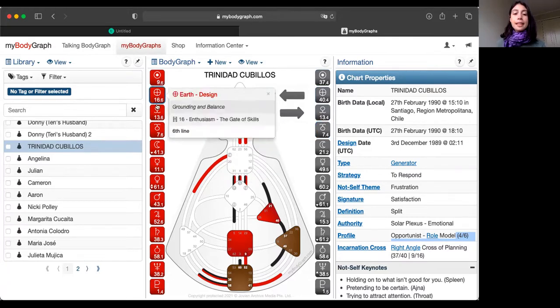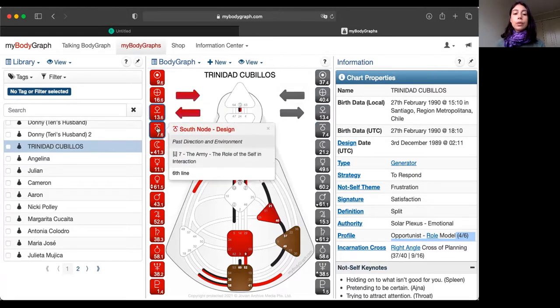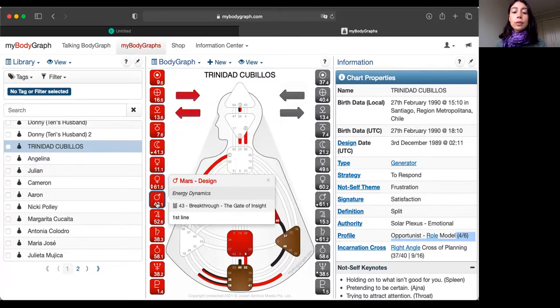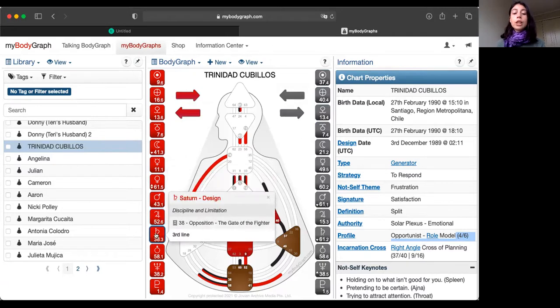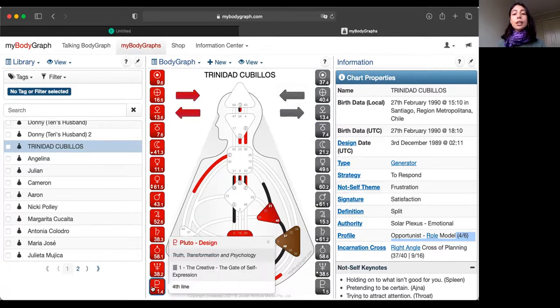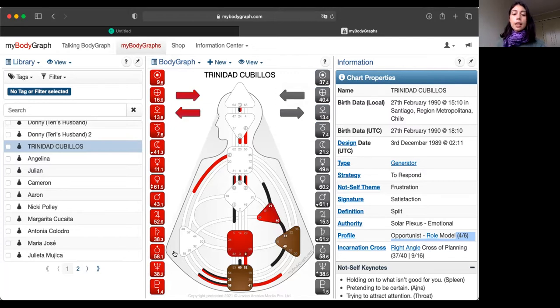Each of these gates is activated through a planet, or north node, south node, moon, Mercury, and all these things. And that's cool about this website, that you can go familiarizing yourself with the signs of the planets, because later you're going to learn that the planets also give each gate a different kind of taste.